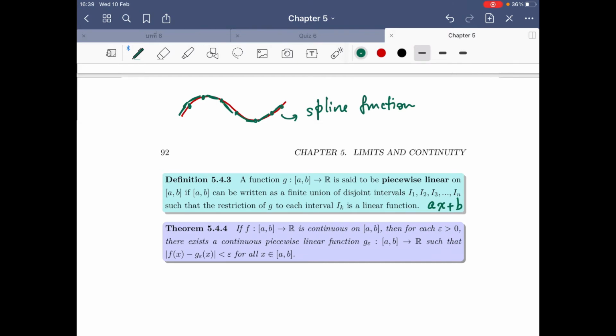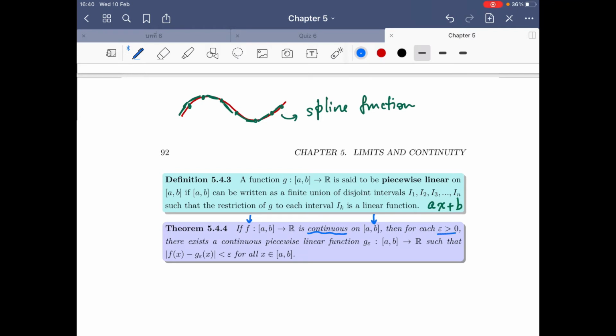All right, so this theorem says that if we are given a function f which is a continuous function on the closed interval AB, and as we told you, this is actually an application of uniform continuity. So if your f is continuous on the closed interval, your f is immediately uniformly continuous on that closed interval as well.